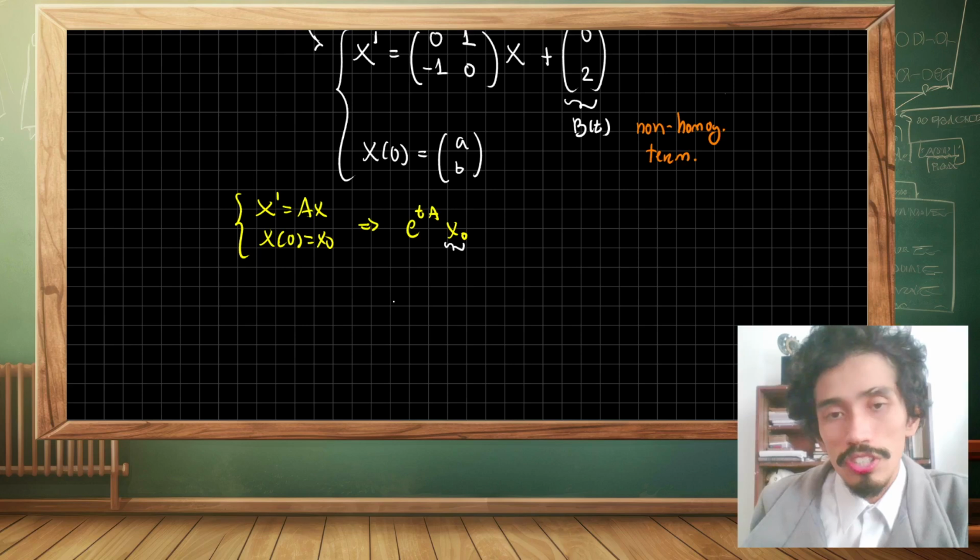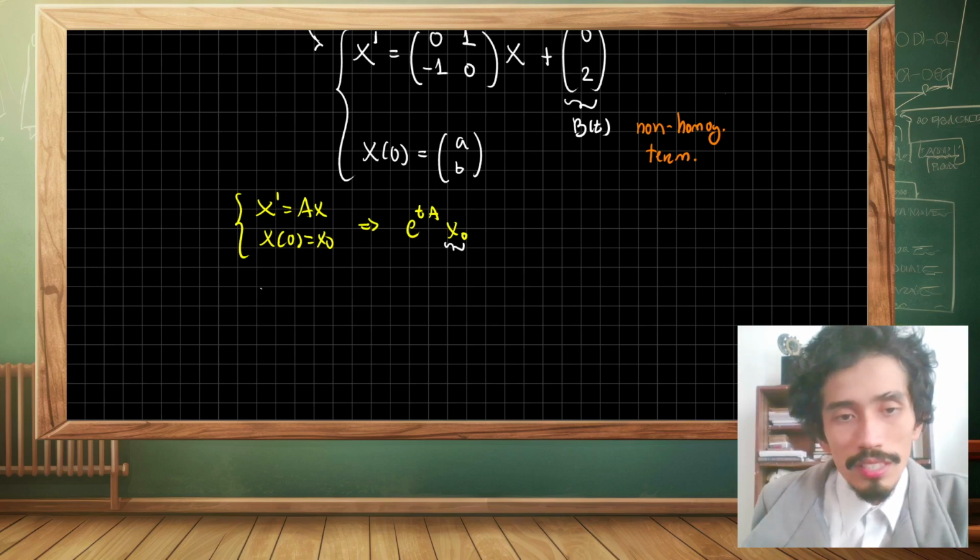it's also similar to the solution of systems with only one unknown. I mean a system like this. Let's say y prime is equal to ky plus a function of t.